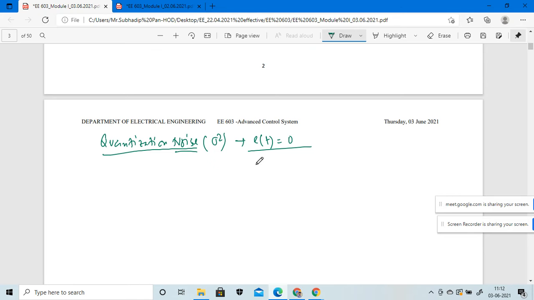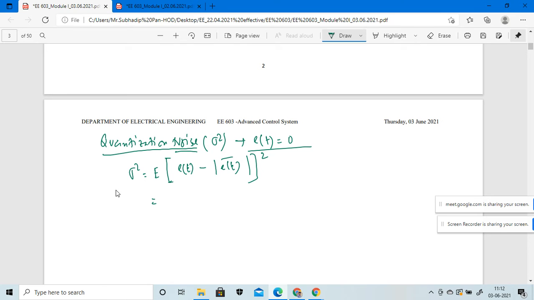Here, in the quantization noise, the equation will be stated with the exponential term. If we have a Laplace transformation, we will deal with it in the next module. Just consider this equation, the magnitude whole square. That will be the equation for the quantization noise.